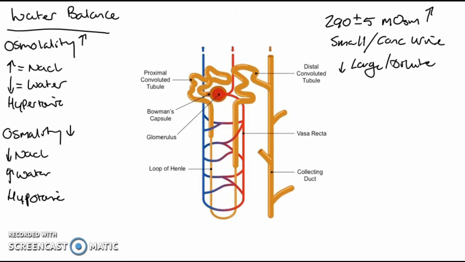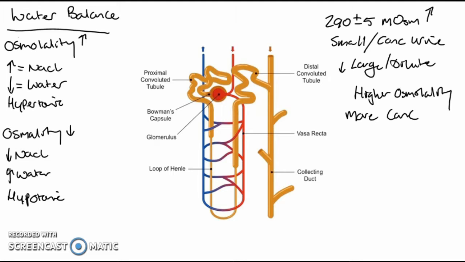So what this means is, how do I word this better than that? The higher the osmolality, the more concentrated. The easy way to think about this is that distilled water has got an osmolality of 0.